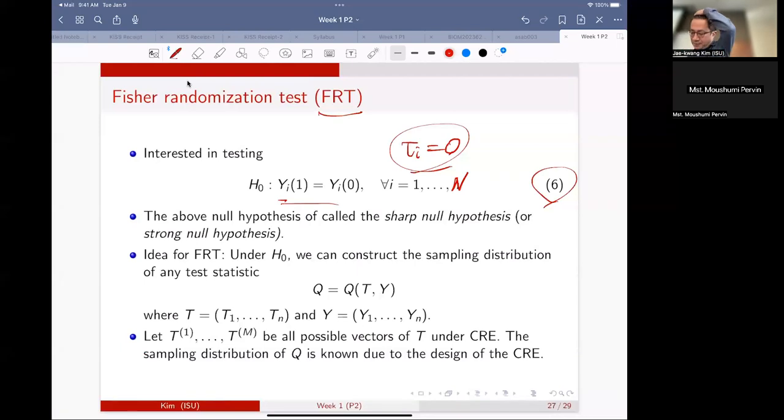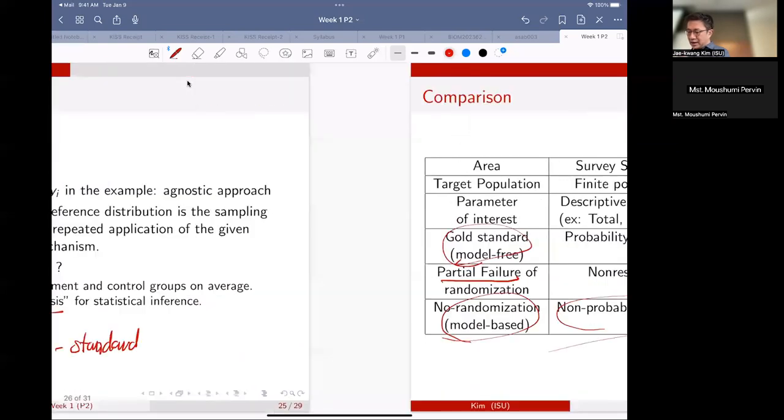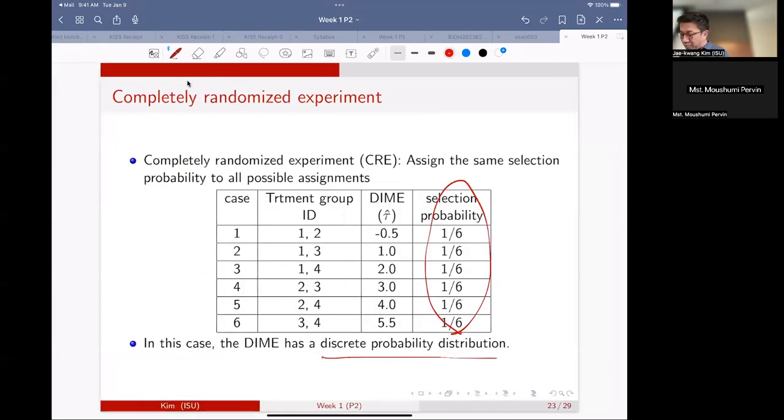The idea for FRT is that under this particular null hypothesis, we can construct the sampling distribution for any test statistic. That is a very interesting idea, actually. So like in these two examples, we know all the possible enumerations, right?